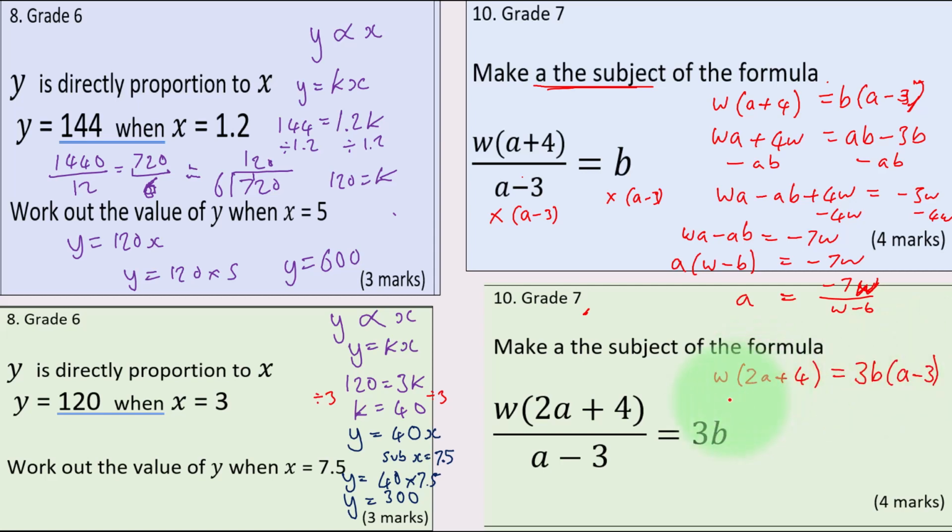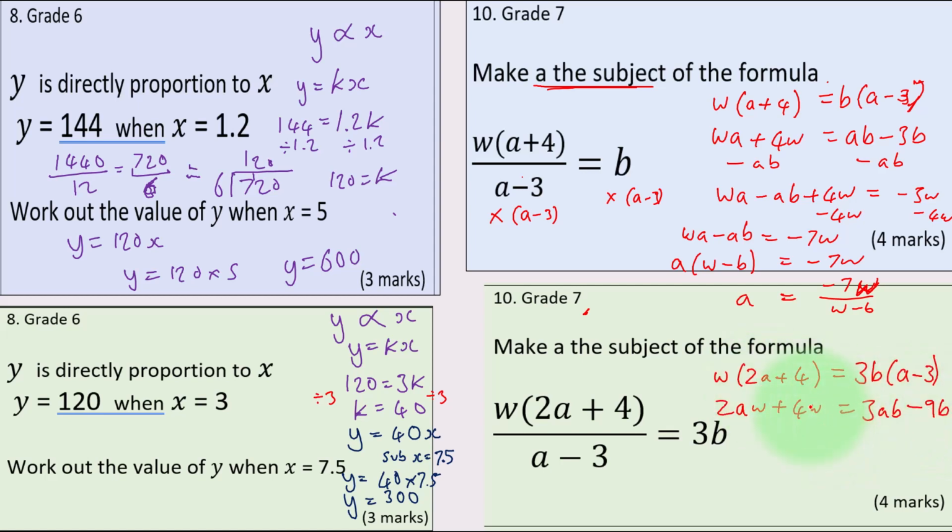We're going to expand out the brackets, so we're going to get 2aw plus 4w equals, we should do it in alphabetical order, 3ab minus, multiply out these brackets, minus 9b.